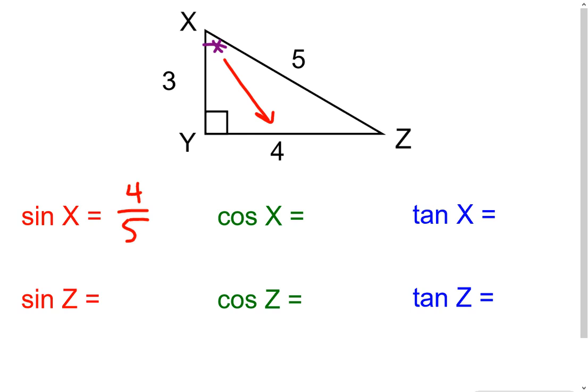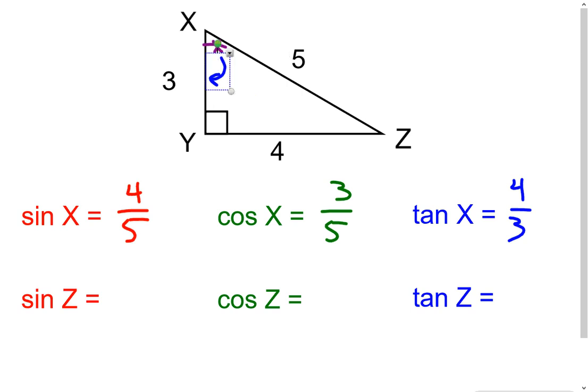Cosine is adjacent over hypotenuse. The adjacent side is 3, and the hypotenuse is 5. And then the tangent of angle X, tangent is opposite. Make sure I do this right this time. Opposite side is 4 over the adjacent side, which is 3. So the tangent of X is 4/3.